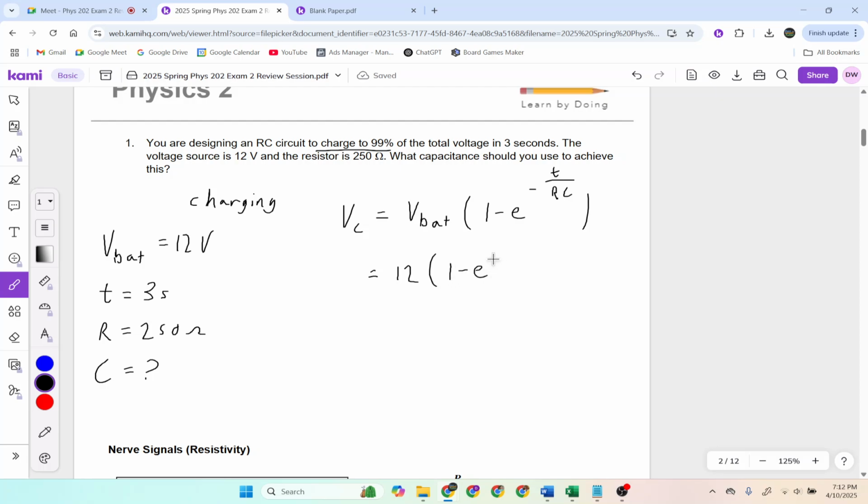We know t, time, is 3. We know R is 250. And we don't know C. So the problem is I have two unknown variables, right? I don't know Vc, and I don't know the capacitor either. Any ideas on what I'm missing?